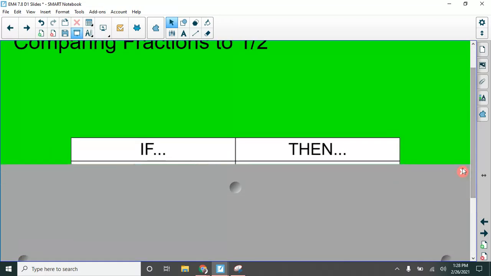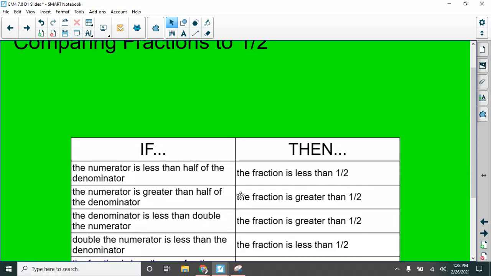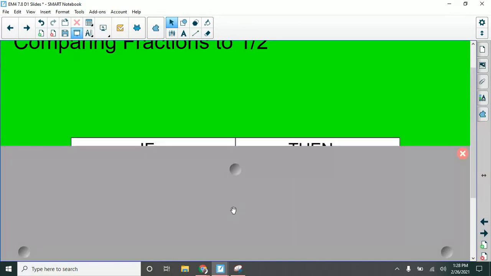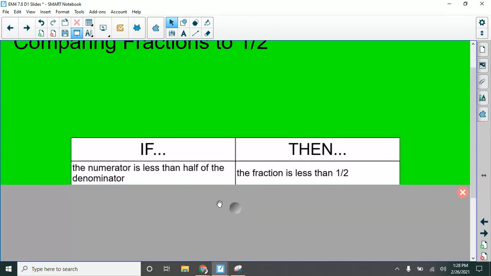So when we think about fractions, right, this is a lot to think about. So let's just show a couple of these here to start. If the numerator is less than half of the denominator, then the fraction is less than 1/2. So what that means is that when we had 3/8, the numerator 3 was less than half of the denominator, right?